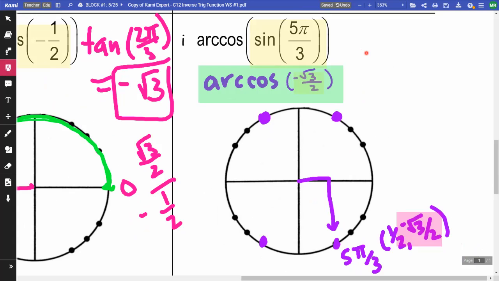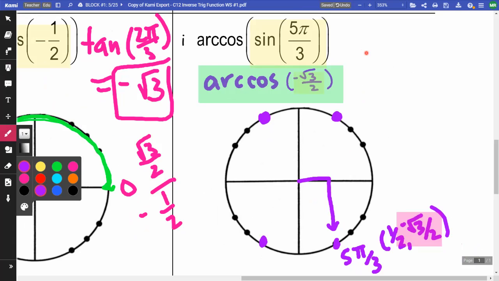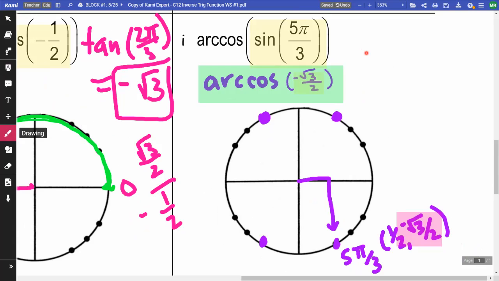So arc cosine, remember we are dealing with 2 quadrants here. If I start here, this is positive cosine. And if I go to this side, this is negative cosine. So I'm looking from 0 to pi.